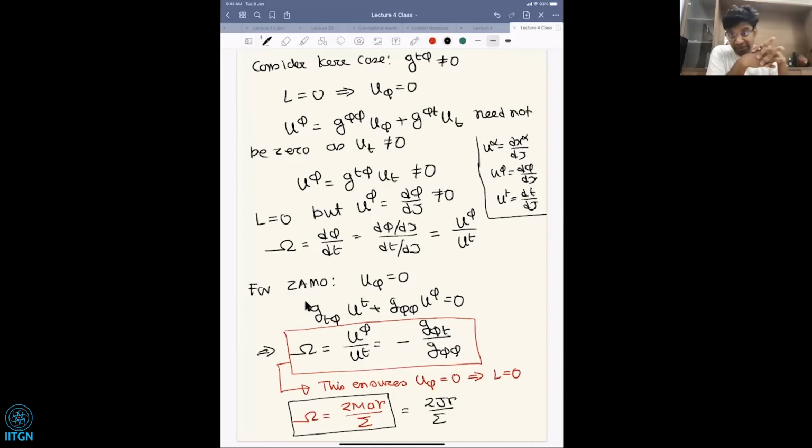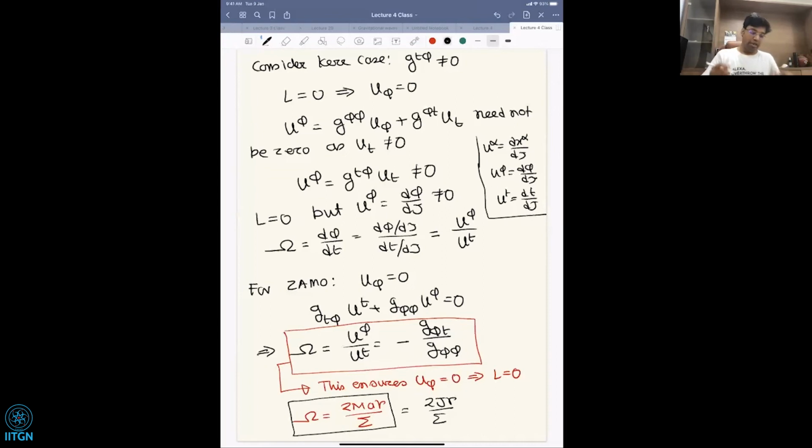So for example, if you have a gyroscope, if you can ensure the gyroscope has zero angular momentum, you should see non-zero angular velocity. That angular velocity will be a measurement of the angular momentum of the spacetime. And that is why whenever there is a d phi dt term, we conclude that there exists a rotation in the spacetime.